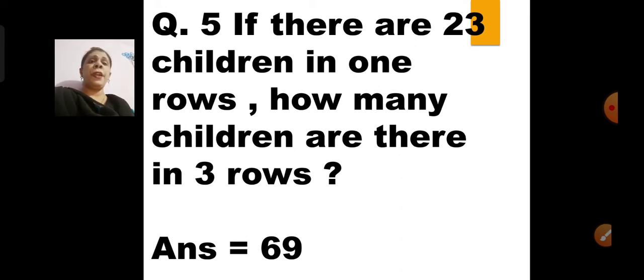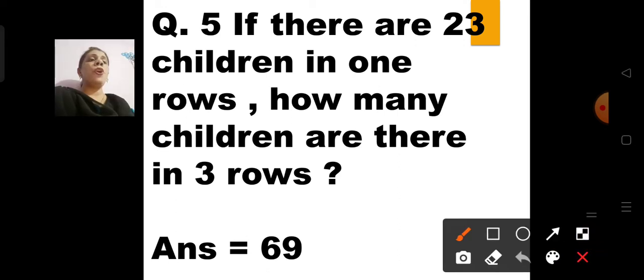Now, how are you going to find this out? In one row, there are 23 children. How are you going to find out how many children are there in 3 rows? What you are going to do is multiply this 23 into 3.